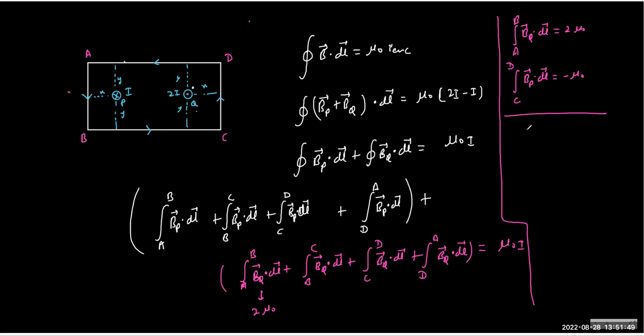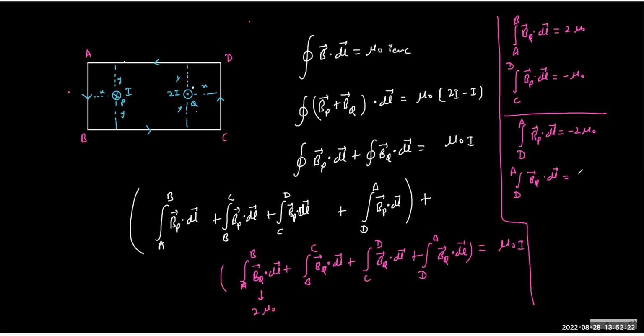Now, next pair. What is given is D to A. BP dot DL is minus 2 mu naught. I can directly write BQ dot DL for D to A. It will be double and opposite sign.